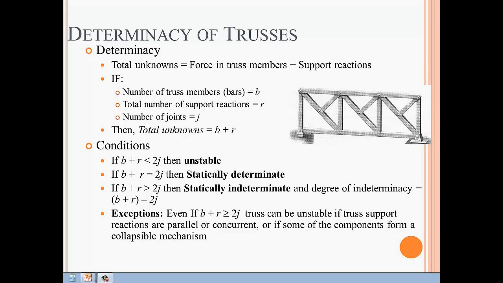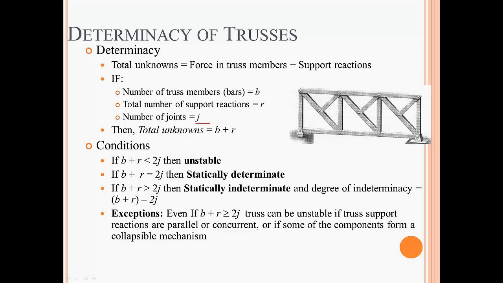Summation of vertical force equals 0 and the other one is summation of horizontal force equals 0. So two available equations for each joint. So if J is the number of joints, then the number of available equations should be 2 times J.